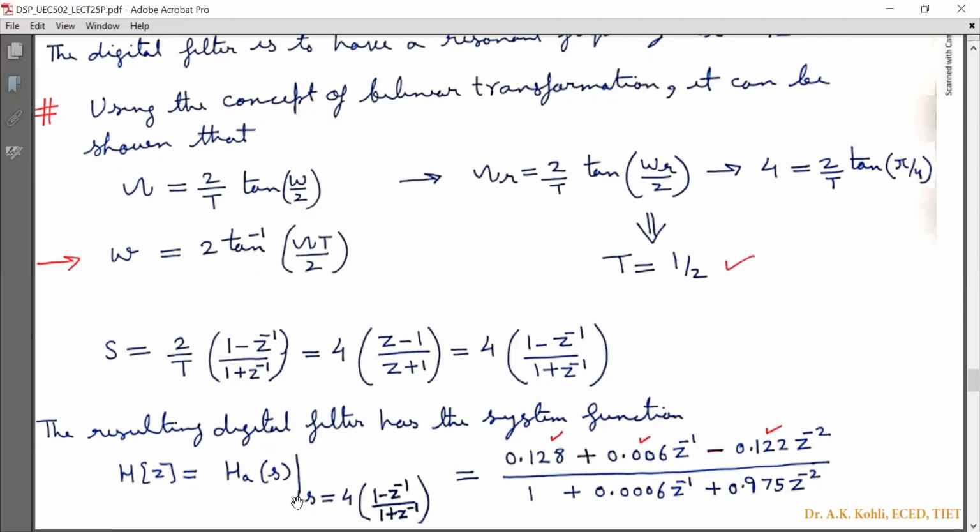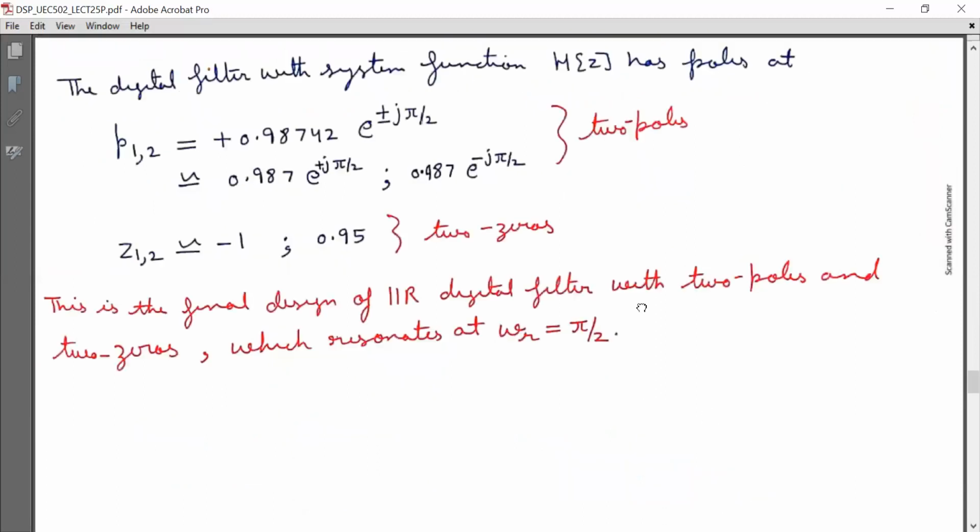So just replace s with this in H(s) and we will get H(z). Therefore H(z) is found to be (0.128 + 0.006 z^-1 - 0.122 z^-2) divided by (1 + 0.0006 z^-1 + 0.975 z^-2).